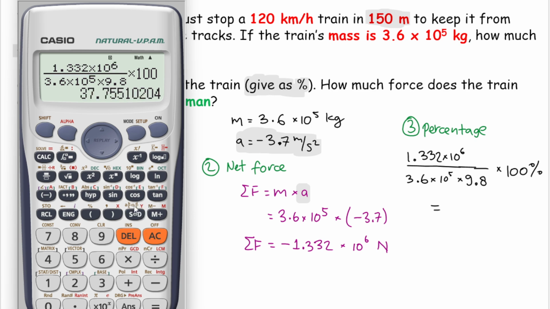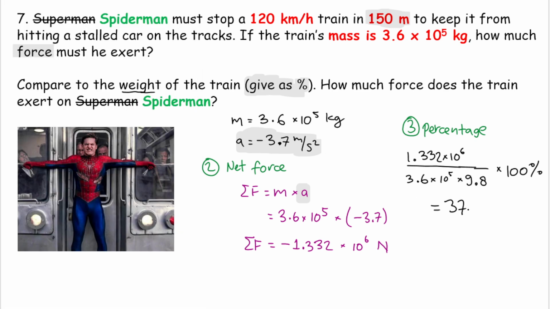Okay, so we will have 37.76, and the unit here will be percent, right? And that is the answer for this question: 37.76%, and the net force is this one here, minus 1.332 times 10 to the 6 Newtons.